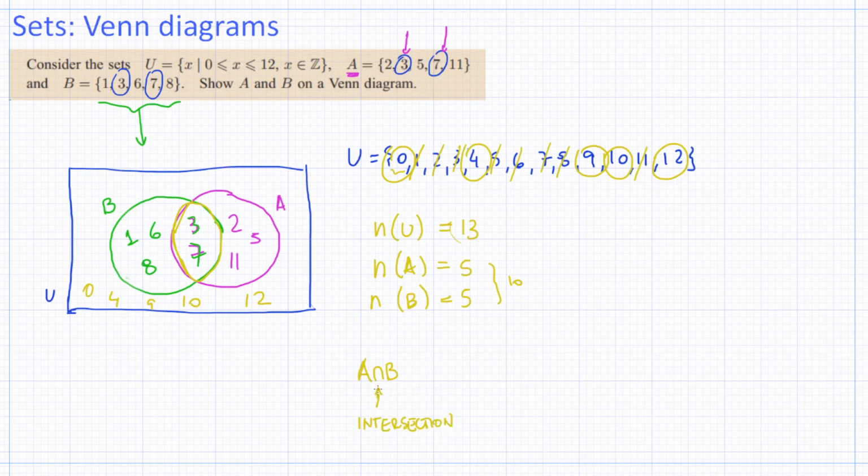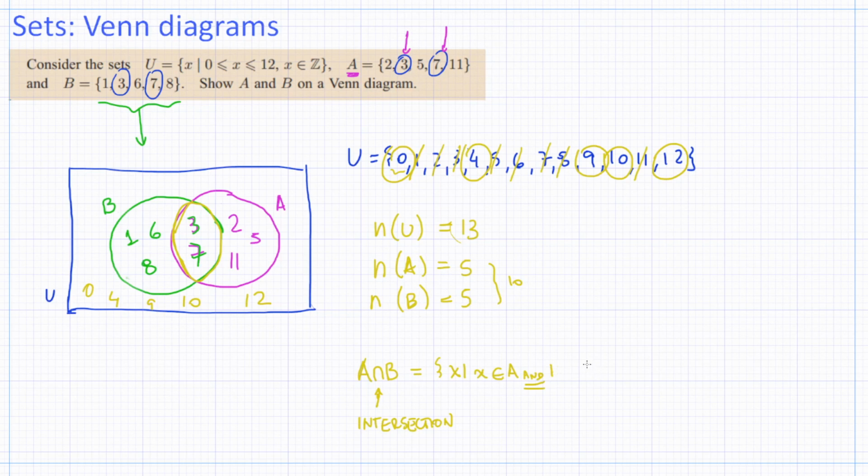So basically it means what is in both of them. Alright, so it's an and. It basically means x such that x is an element of A and B at the same time.